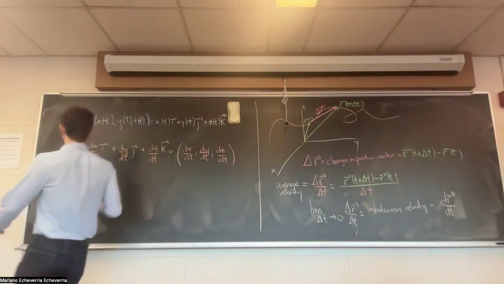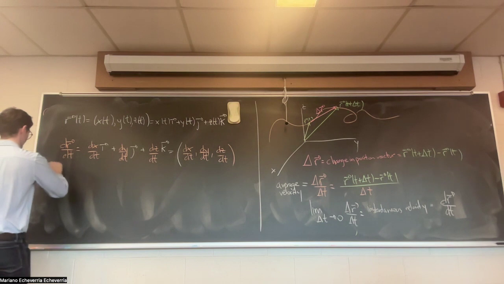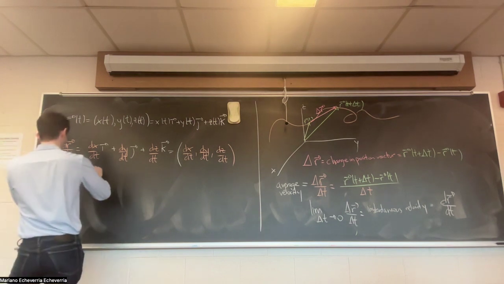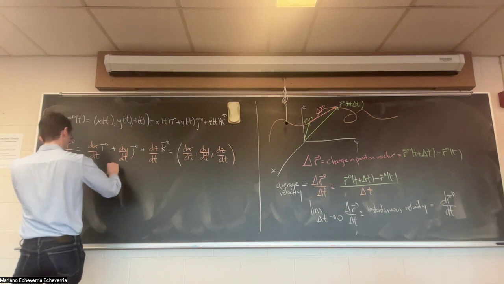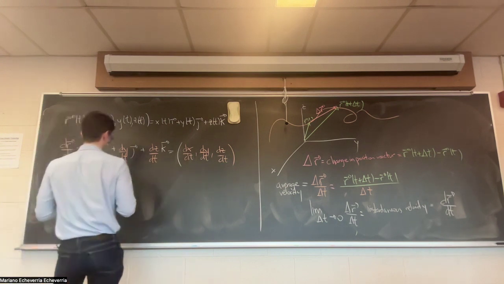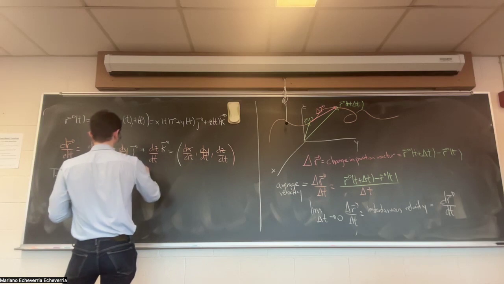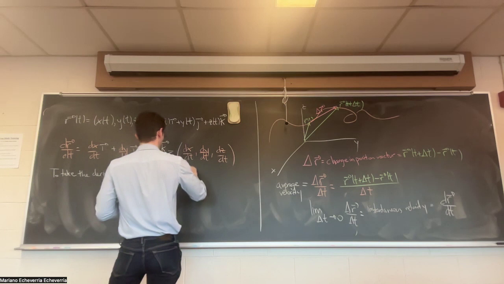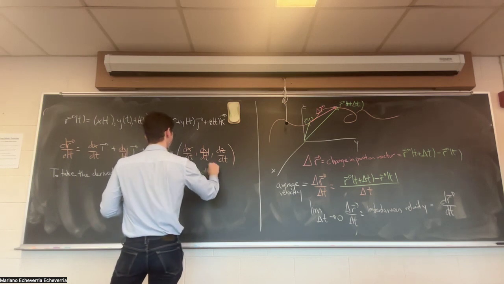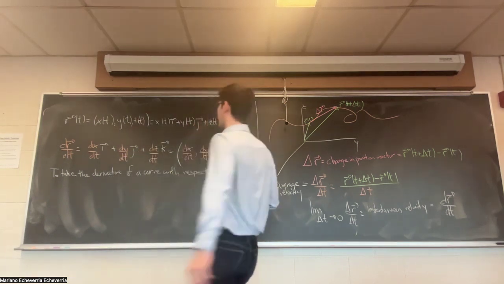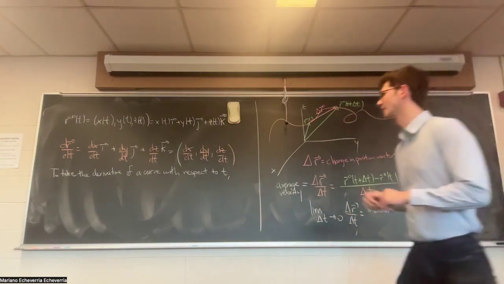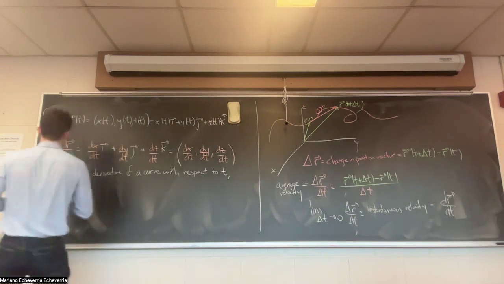So to take the derivative of a curve with respect to time, you take the derivatives of each coordinate.